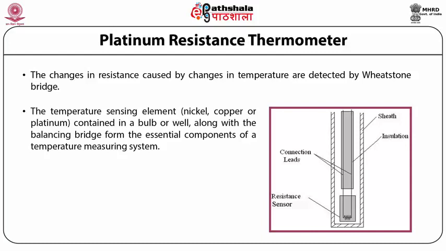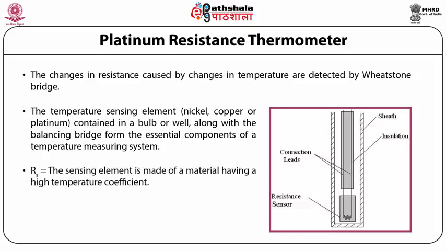The temperature sensing element, that is nickel, copper or platinum, is contained in a bulb or a well along with the balancing bridge. They form the essential component of a temperature measuring system. The schematic of the platinum resistance thermometer is shown in this figure.